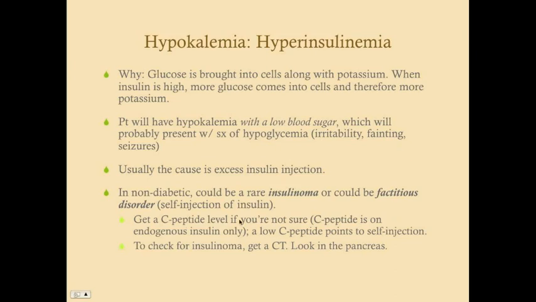But if on the USMLE you have a patient that has a high C-peptide level and a high insulin, then you should check for insulinoma. And the way you do that is just with a CT. You'll look in the pancreas, and if they have a mass there, that's probably insulinoma, your definitive diagnosis.